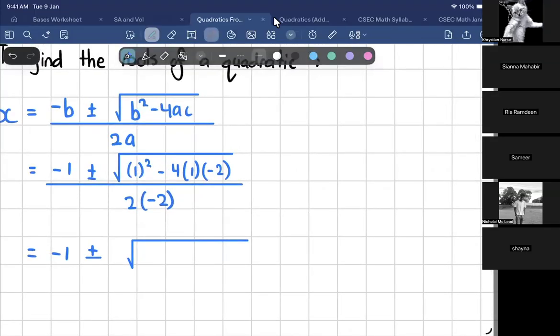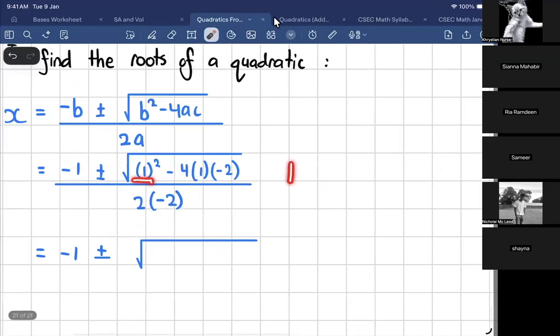So let me work this quickly. We have 1 squared, so that's 1, minus, we have minus on the outside, and 4 by 1 is 4. 4 by minus 2 is -8. So minus 8 is what we have. Ria, what is minus -8? Yes, 8.